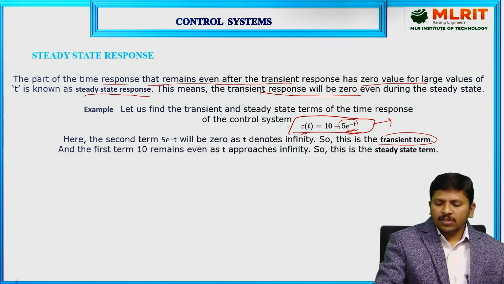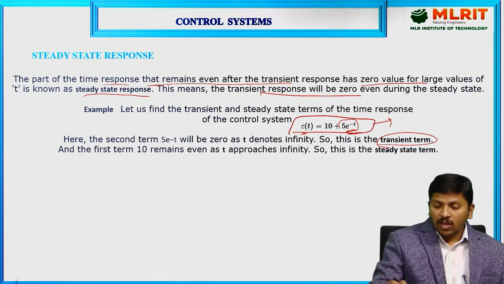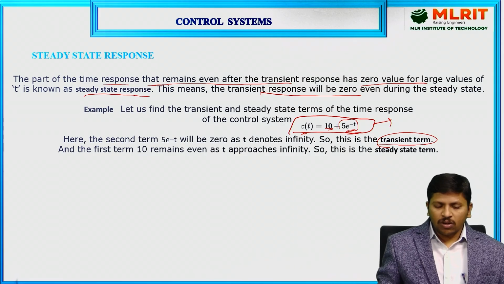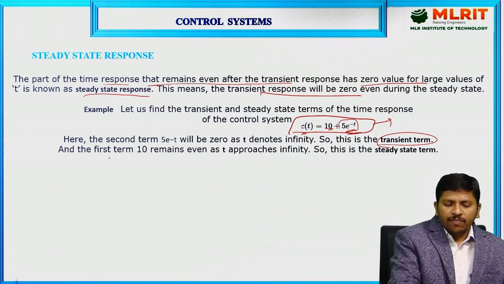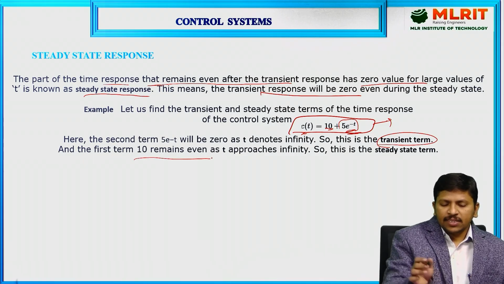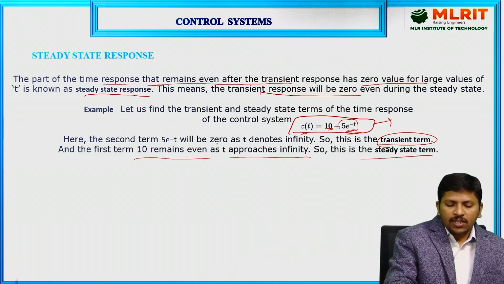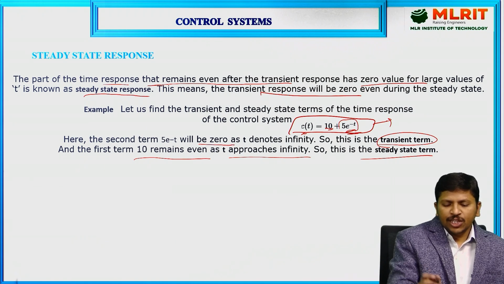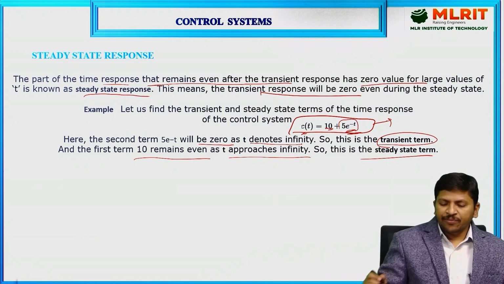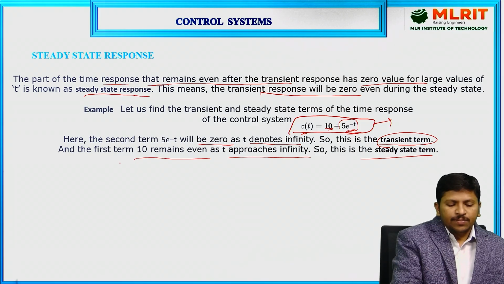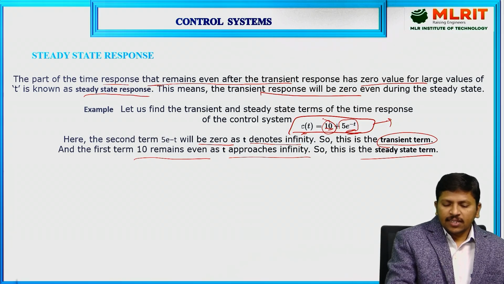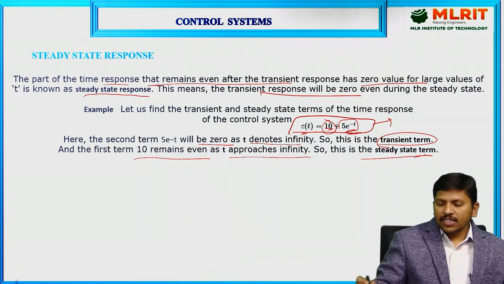That one is the transient term, and 10 is the constant value that remains even as t approaches infinity. So 5 into e power of minus t will be 0 when t denotes infinity, and the remaining term 10 is the steady state term.